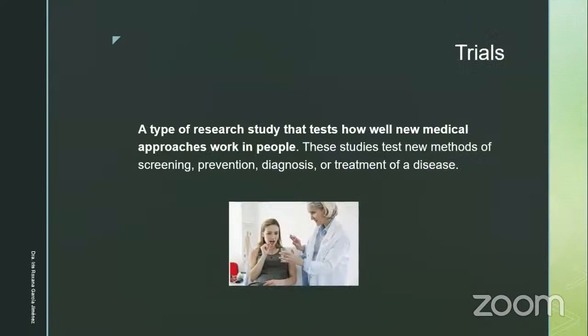Trials. Of course, trials are one of the most important activities we must consider on this kind of studies. A type of research study that tests how well new medical approaches work in people. This study tests new methods of screening, prevention, diagnosis, or treatment of a disease. We need a trial.